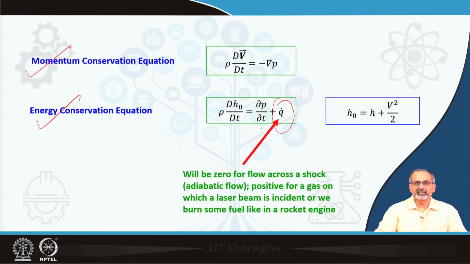Here we have mentioned it, and we say that it will be 0 for flow across say a shock wave, which is adiabatic in nature involving no heat transfer, but it would turn out to be non-zero and positive for a gas on which there is an incident laser beam, or you are burning fuel in the gas like it happens in a rocket engine and so on. Therefore, for a general situation you may like to include that Q dot term.